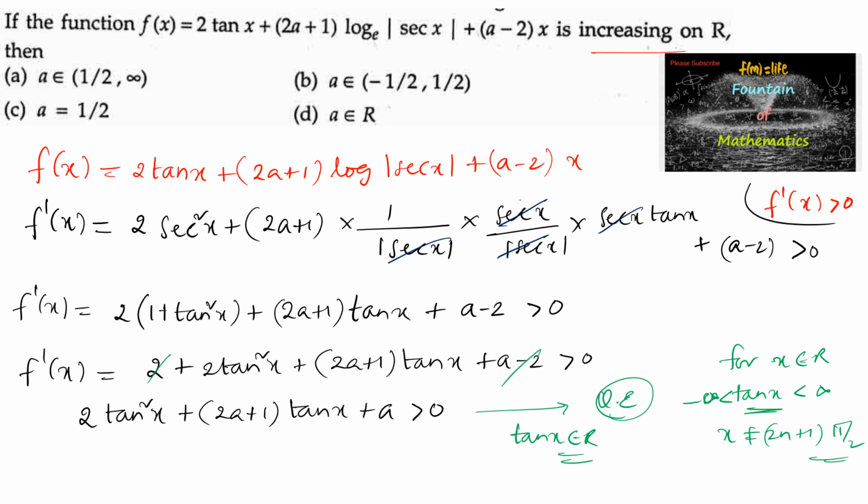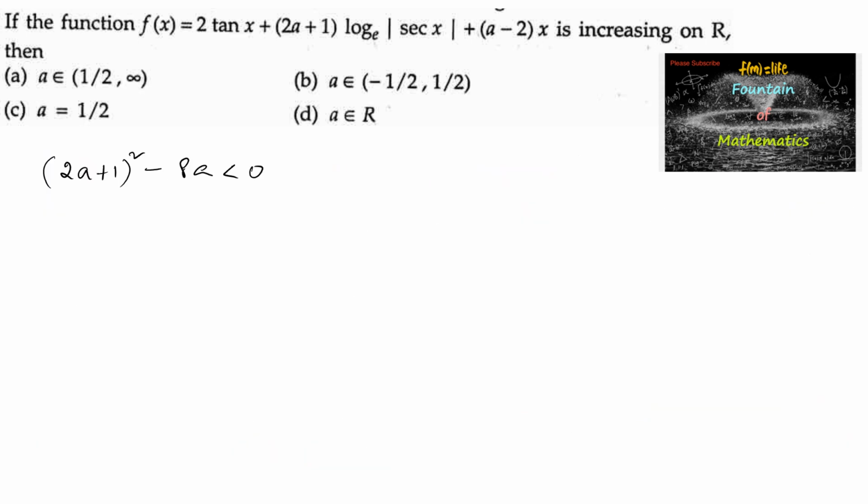So we can write now, since it is all real numbers and the quadratic expression is greater than 0, it is possible only when the discriminant is smaller than 0. So discriminant is smaller than 0. We can write (2a plus 1) whole square minus 4ac, 4 into 2 into a, is smaller than 0. (2a plus 1) whole square minus 8a is less than 0.